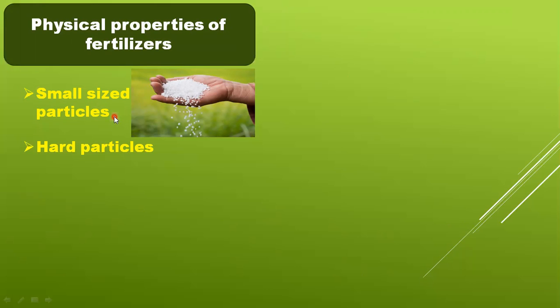That's why we prefer small sized particles. And what should be the texture of the particles? The particles of the fertilizers should be hard. Why should they be hard? Because hard particles release their nutrients gradually into the soil. So the particle size should be small and the texture of the particle should be hard.